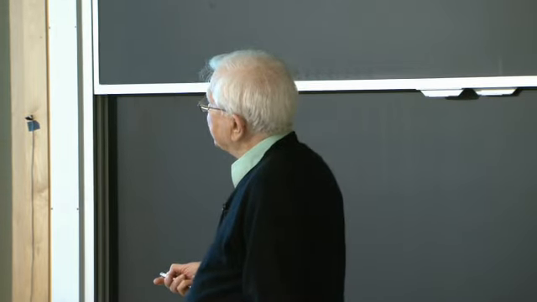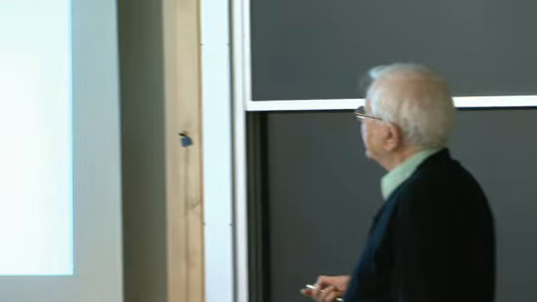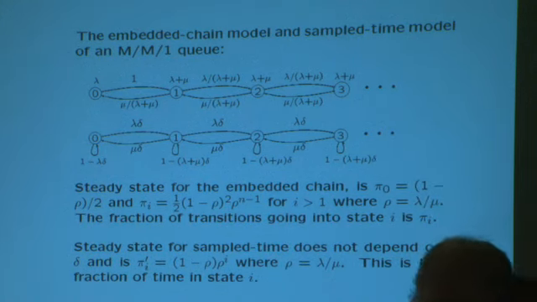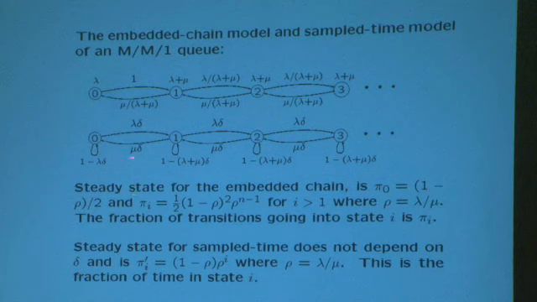But it's very easy, because anytime you have a birth-death chain, which is what this is, you can find the steady state probabilities by the fact that pi sub i times P sub i,i+1 is equal to pi sub i+1 times P sub i+1,i. The probability of going this way is equal to the probability of going this way if you include the probability of the steady state that you're concerned with.